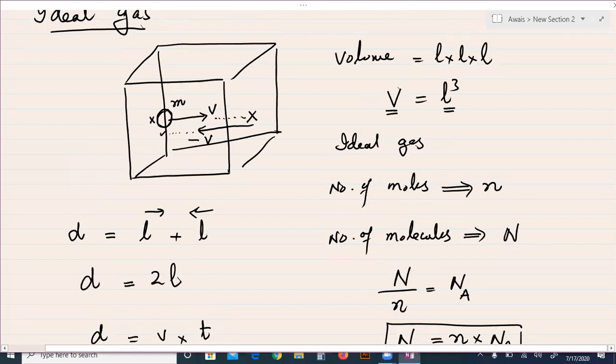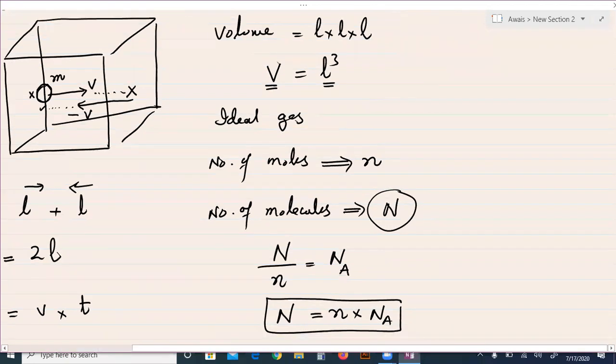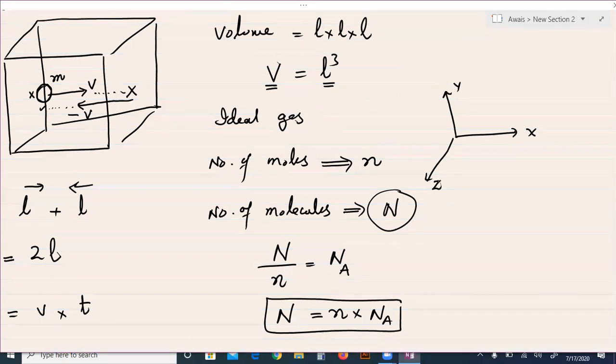But the total number of molecules is N, and there are three axes for the motion: x-axis, y-axis, and z-axis. So in three-dimensional motion, some molecules are moving horizontally along the x-axis, some vertically, some along the z-axis, which is perpendicular to both x and y. Now, if the number is distributed evenly among the axes, each axis carries the same number of molecules.